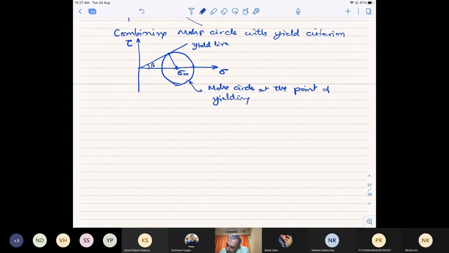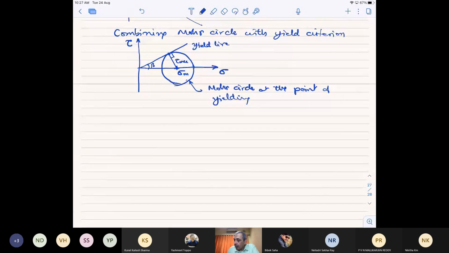So if we look at this, since this is tangent, then obviously this is 90 degrees. So you have a right angle triangle over here. We know that the hypotenuse of the right angle triangle is sigma m, and we also know that the radius of this is tau max.